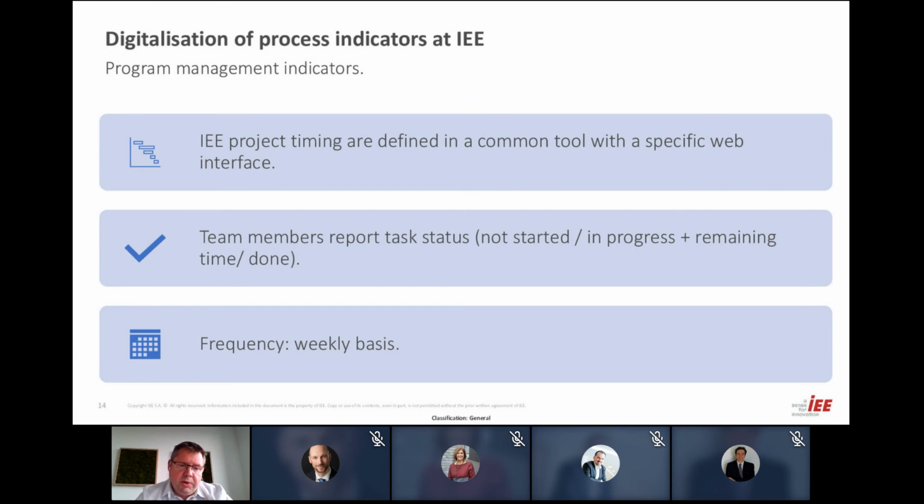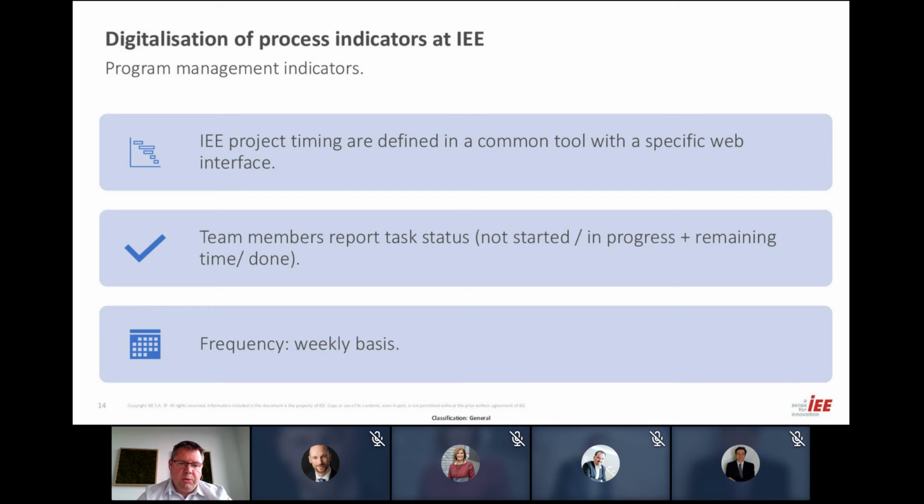The duty of the task managers, as we call them, is to update the status of their tasks on a weekly basis. They have to say when the task is not started, in progress, or done, and they also have to indicate the remaining time before the finish of the task. This is important to do weekly because it allows the timing to fit the reality.